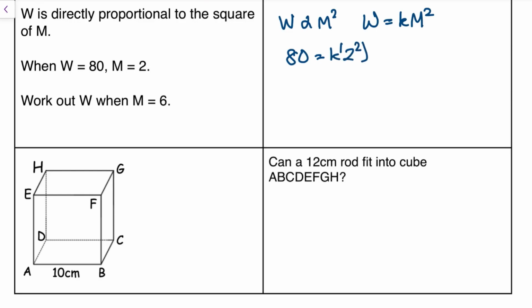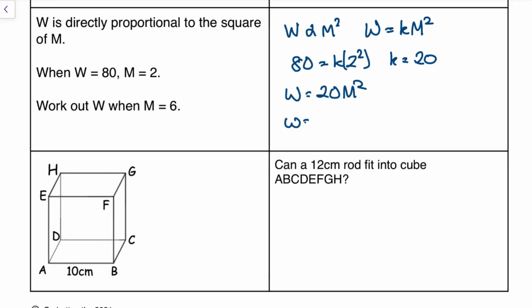And so therefore K equals 80 over 4, which is 20. Now I have an equation. So my equation is going to be W is equal to 20M squared. Then it says work out W when M equals 6. So W equals 20 times 6 squared, which is 36. 36 times 2 is 72, so therefore it's going to be 720.